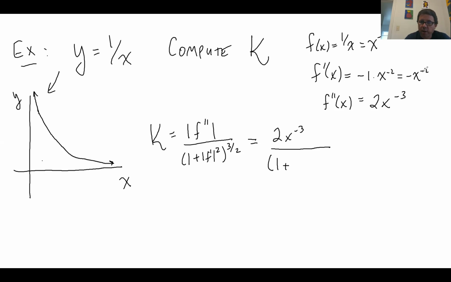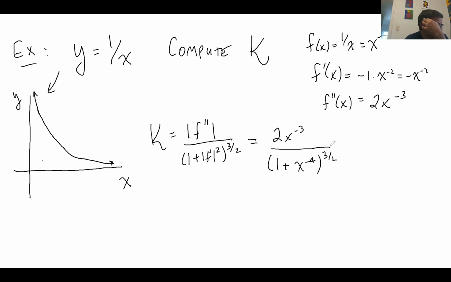Technically it's the absolute value squared, but I'm not going to need that for this example. In fact, the absolute value here is not really needed. It's just in there as a nice reminder. So if you don't want to write the absolute values in there, it's okay, because when you square it, it's going to work out anyway. So when I square this, I'll get x to the minus 4, and then raised to the 3/2 power.